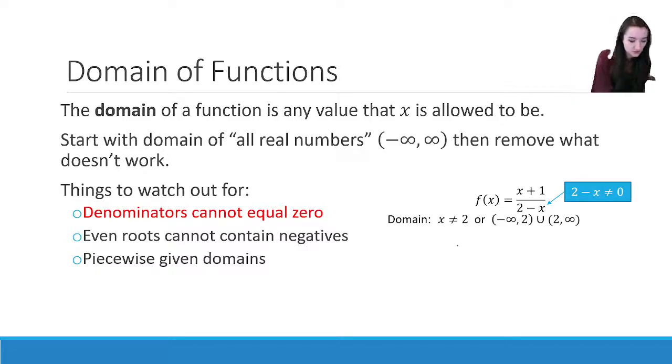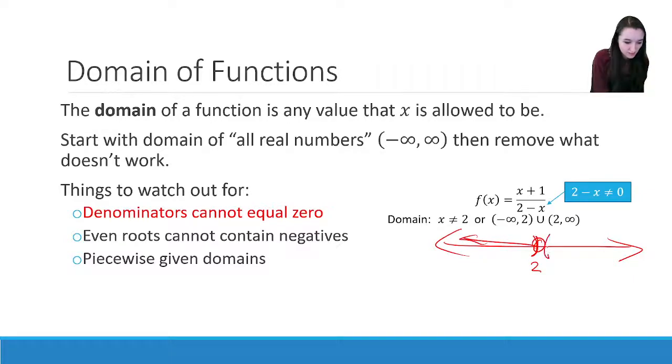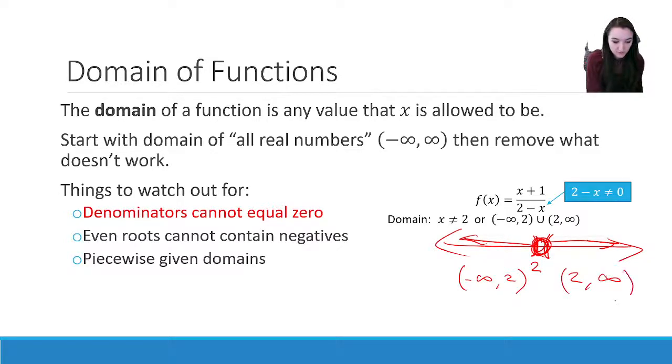Because essentially we have this number line, and then we have the number 2, and we're including everything this way and everything this way, but not the number 2. So we have to cut that out of our domain. So the left side is negative infinity up to 2, but not including 2. And then the right side is 2 up to infinity, but not including 2. And so together, we unite those 2 pieces.